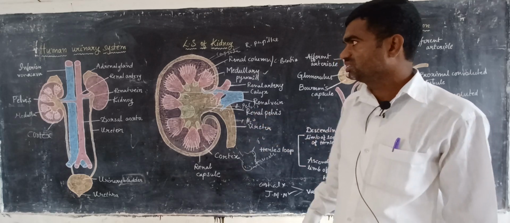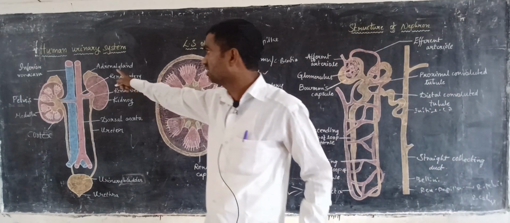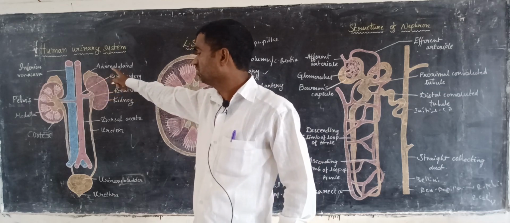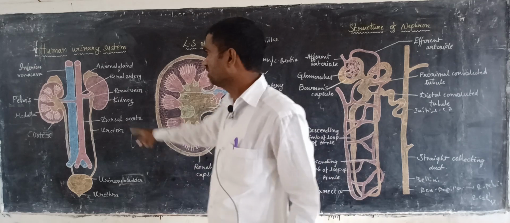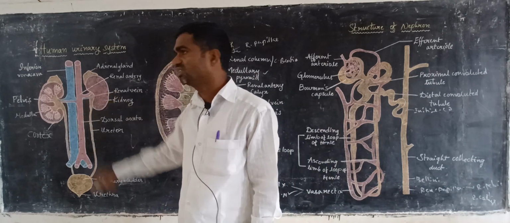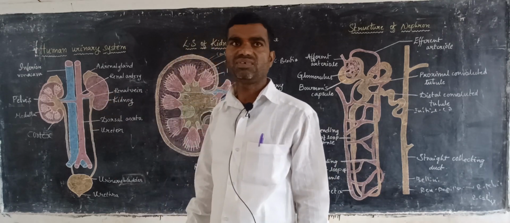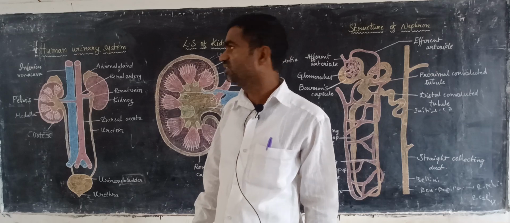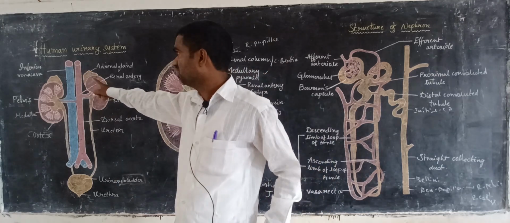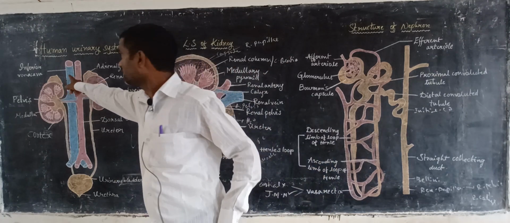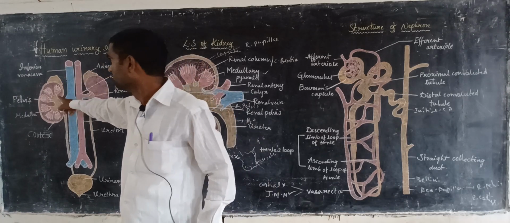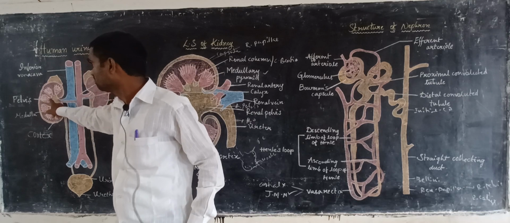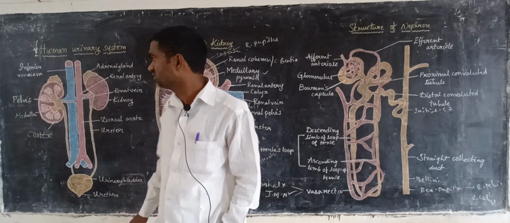If you see the structure, the third lumbar vertebra and backbone, and the abdominal region of the kidneys. The right kidney is somewhat lower than the left because of the presence of the liver. Here is the inferior vena cava, and next the renal pelvis region.